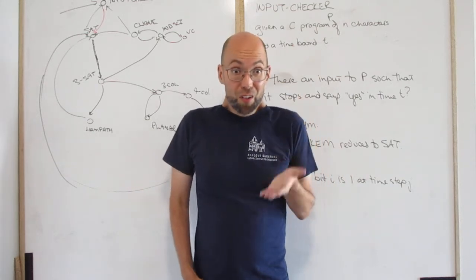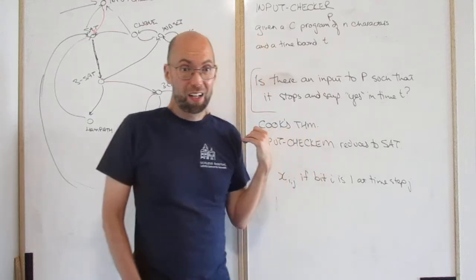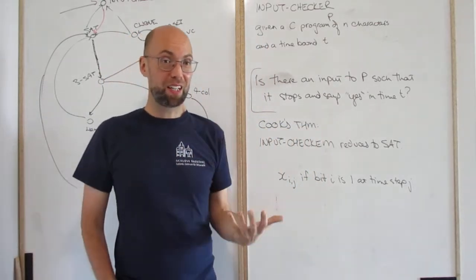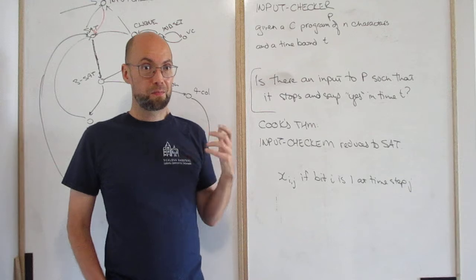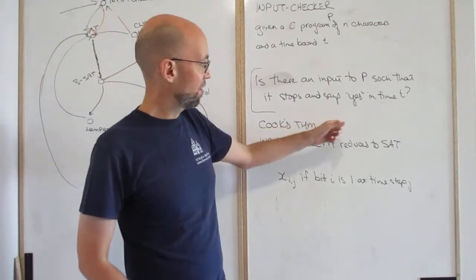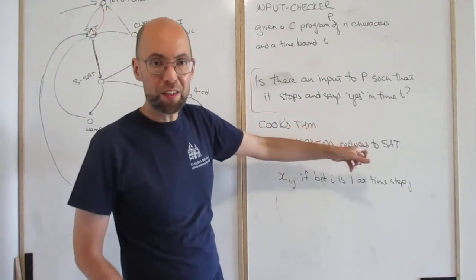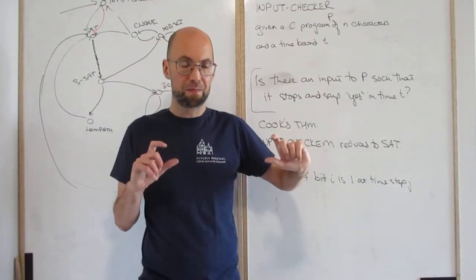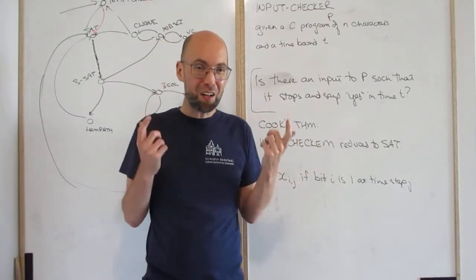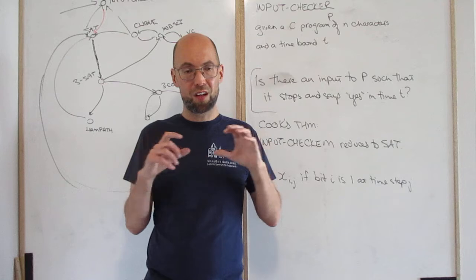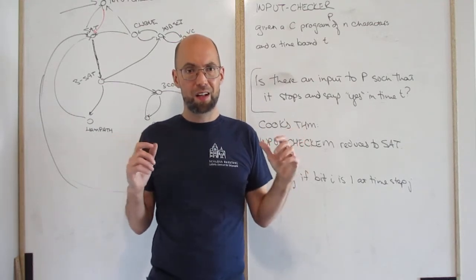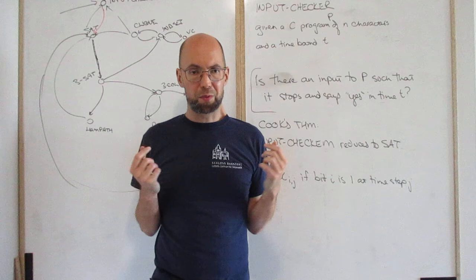So yes, you could write a big formula that simulates the program, and then you have the input bits, the initial contents of memory. And you say, is there some initial contents of this input string that makes the formula true?